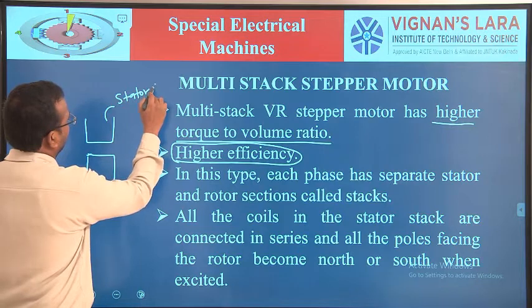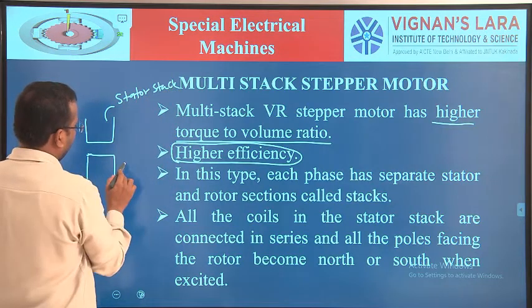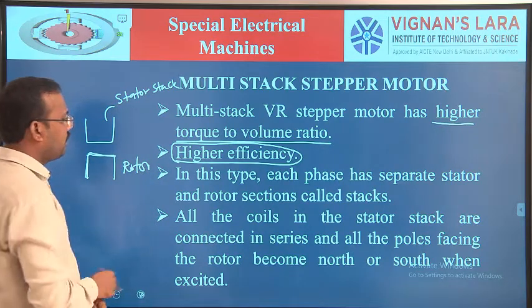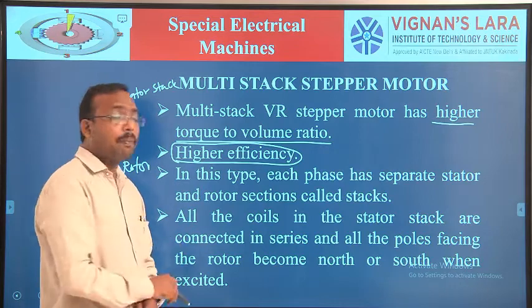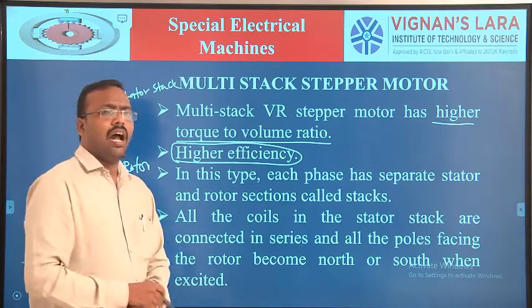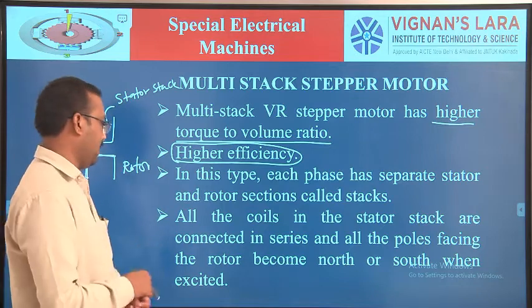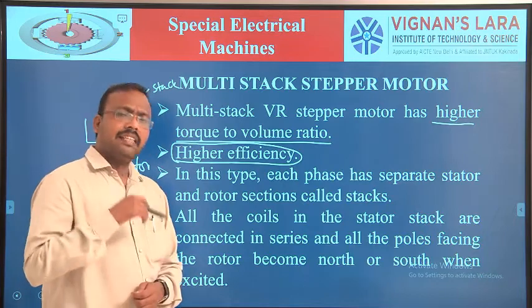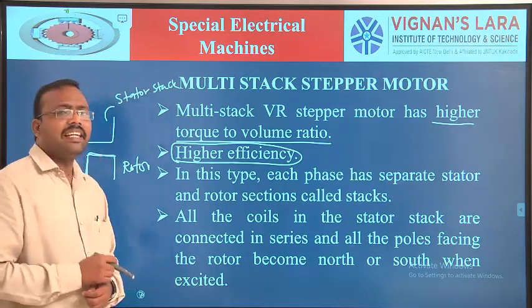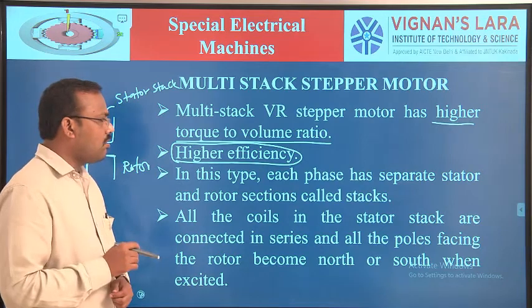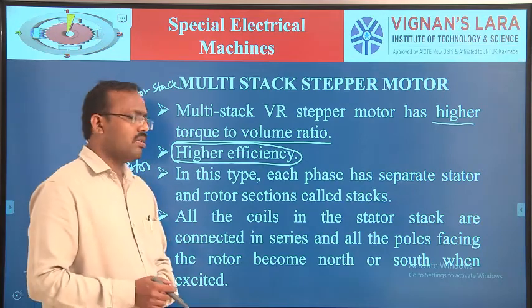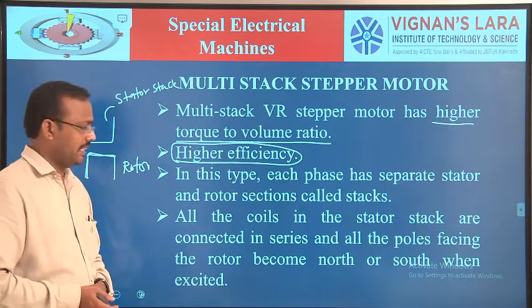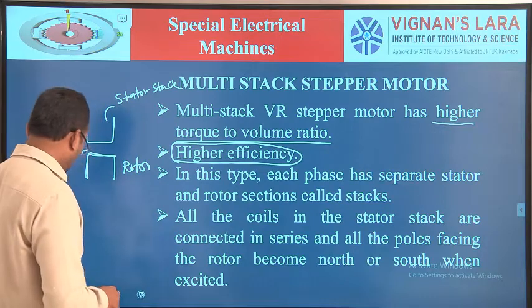All the coils in the stator stack are connected in series, and all the poles facing the rotor become north pole or south pole when excited. This is very important. We'll discuss it one by one now.